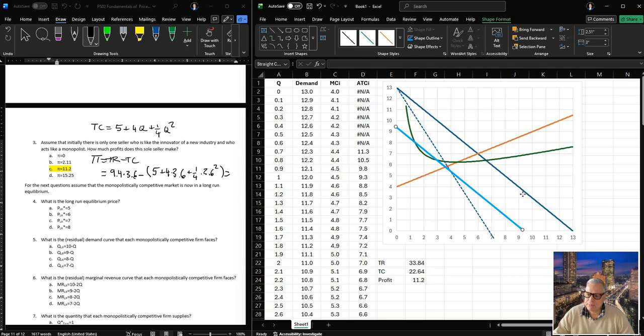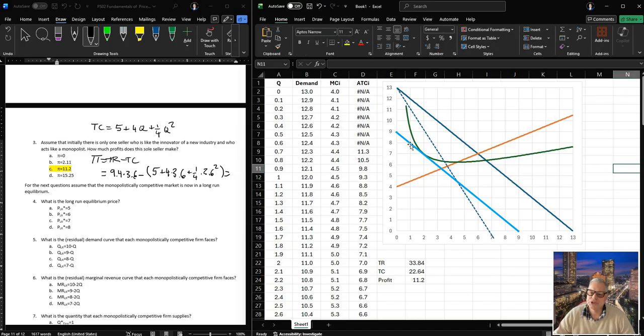So the way to think about it, and in order to graphically solve the long-run equilibrium in a monopolistically competitive market, is to take the market demand function with the slope, and you slice it up until you get to a point of tangency with the average total cost function. That is the long-run equilibrium. What will happen is that the market demand will slice up to a residual demand function, which looks like the light blue one.